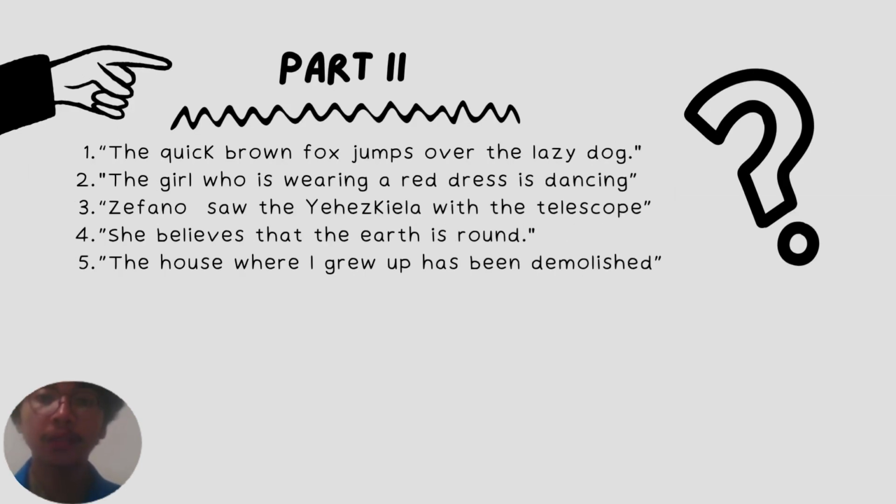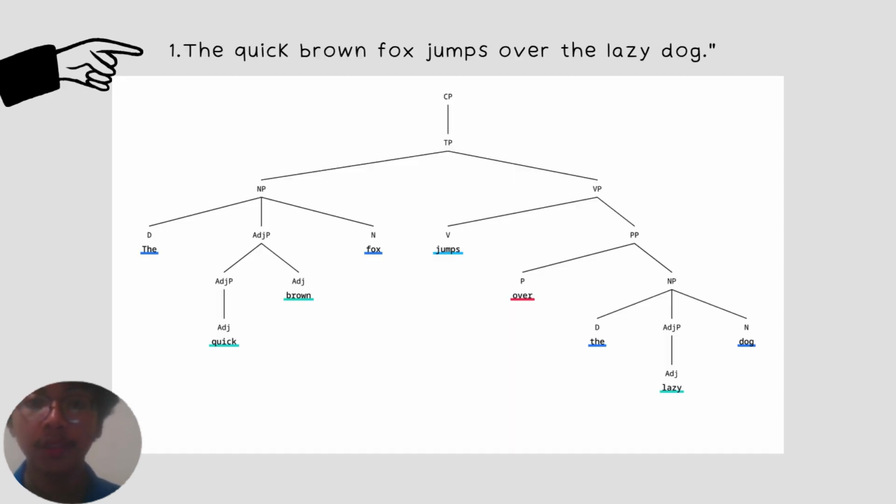So, after knowing about deep and surface structure, we're going to part 2. In this part, I am going to explain the tree diagram. There are 5 questions. So the first one: the quick brown fox jumps over the lazy dog.